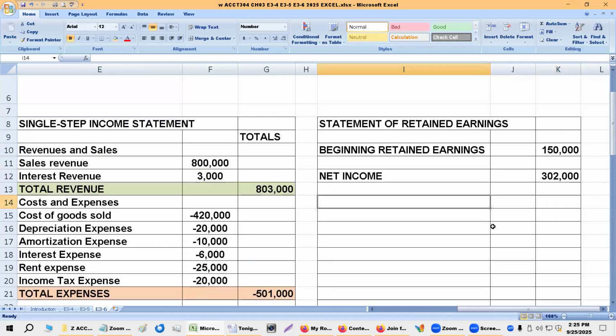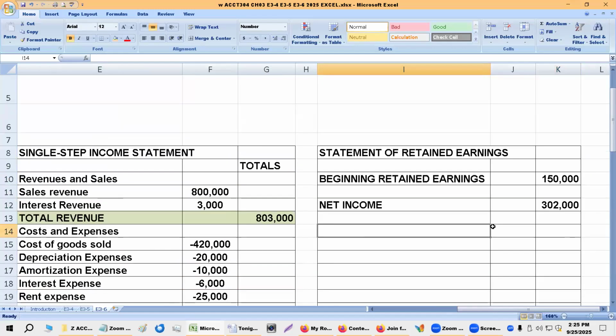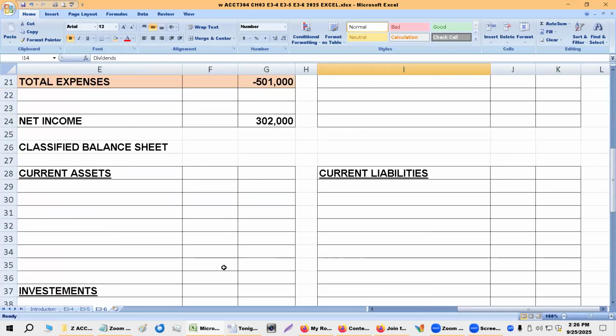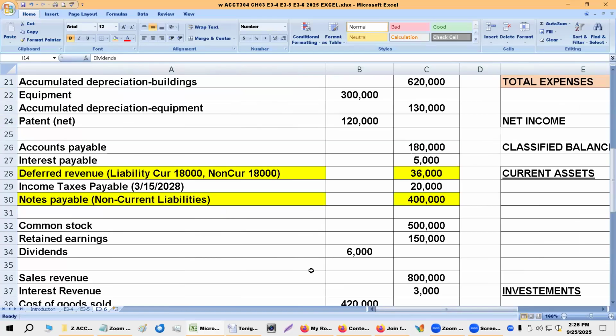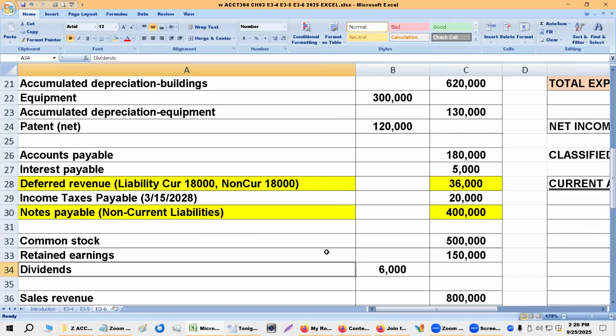We subtract out our dividends. I gotta go find our dividends. Here it is. So our dividends are 6,000.